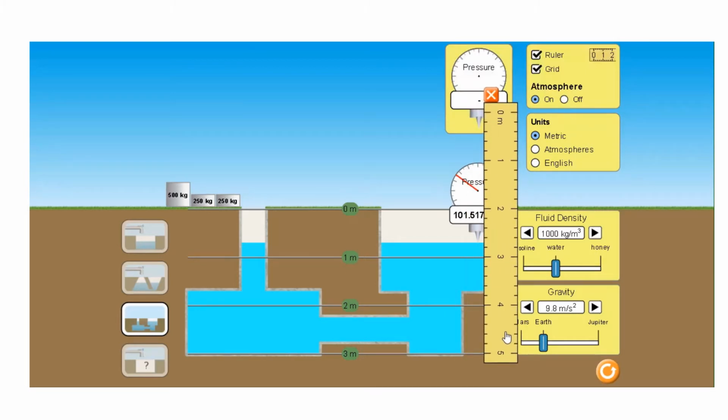So, the height of the surface level is 2.3 meters kasi 1 and 2 yung ito, tas gitna niya 3. Okay, 2 meters, 0.3. Now, 101 yung pressure in the surface level.